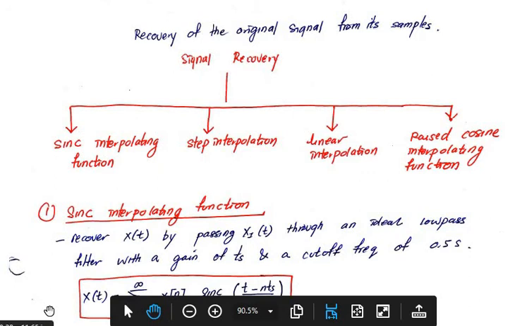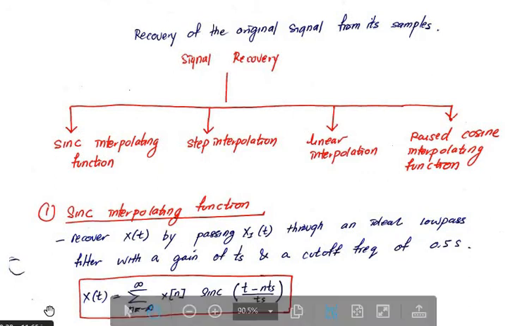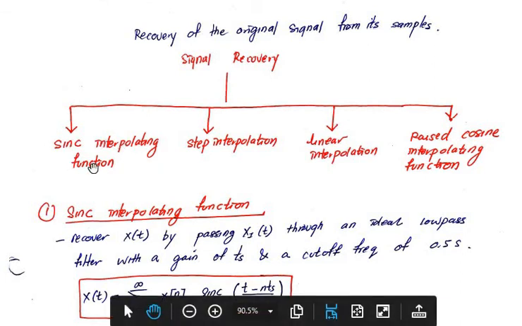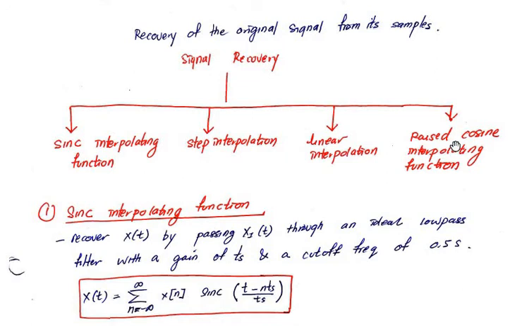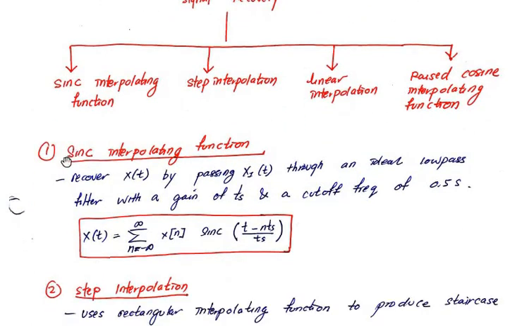So I have explained the four types of signal recovery, four methods. The first one is the sinc interpolating function, the second is step, the third is linear, and the fourth is the raised cosine interpolating function. For the sinc interpolating function, we recover x(t) by passing the ideally sampled signal through an ideal low-pass filter with a gain of Ts and a cutoff frequency of 0.5.